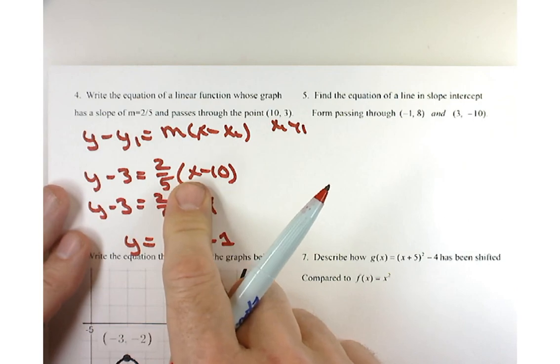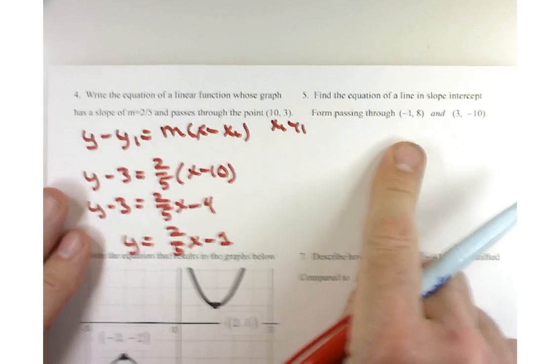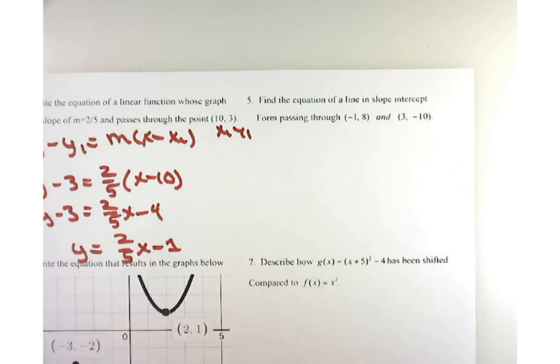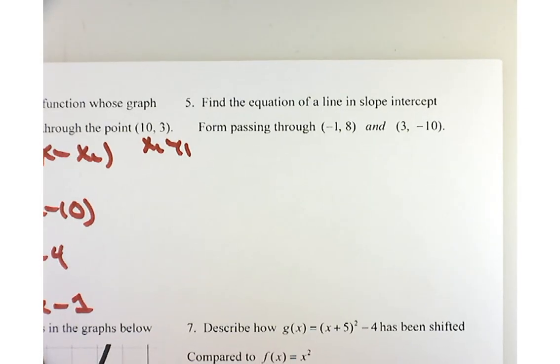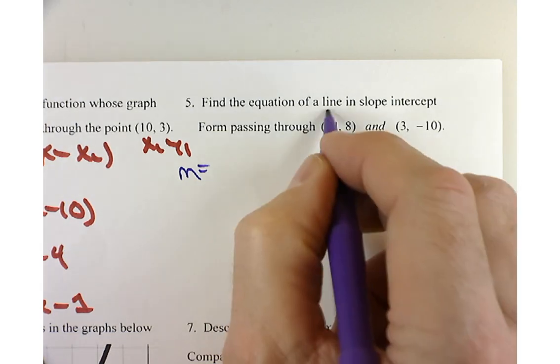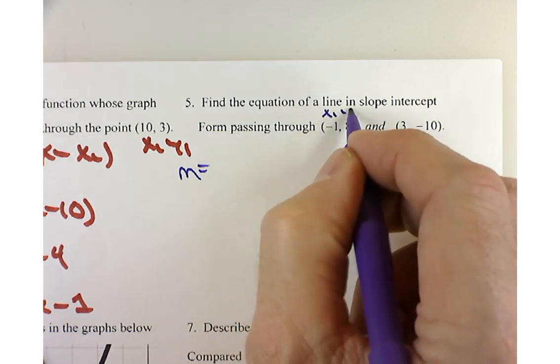Over here, kind of a similar problem to what we did here, except we've got an extra step. Here we've got 2 points, but no slope. So what's our extra step for this one? Find the slope. So your slope is y2 minus y1 over x2 minus x1.